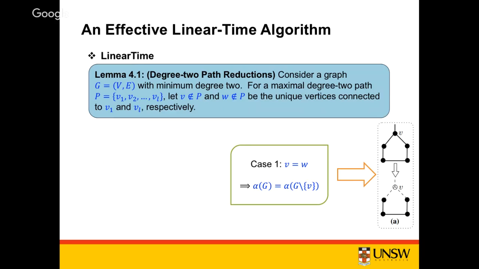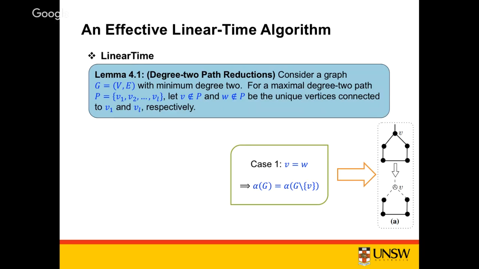So we propose a new reduction rule to handle the degree 2 vertices. We call it the degree 2 path reduction. Consider a graph with minimum degree 2, and we choose a maximum degree 2 path. A degree 2 path is a path in which every vertex has degree exactly 2 in the graph.